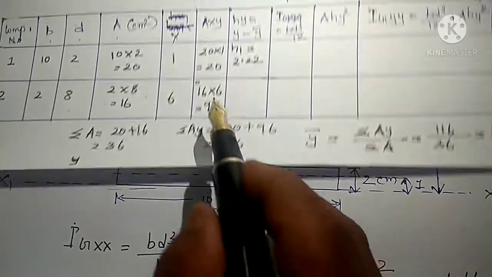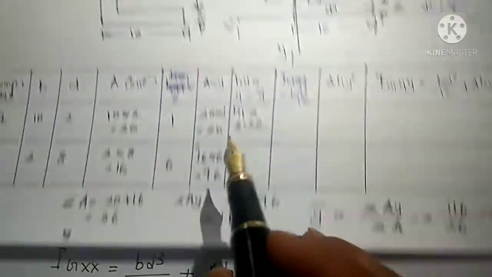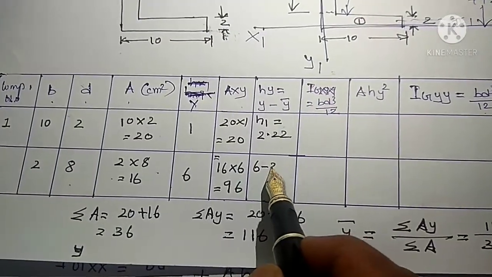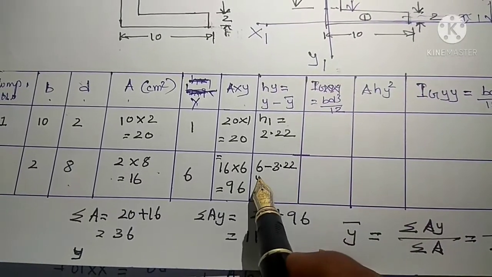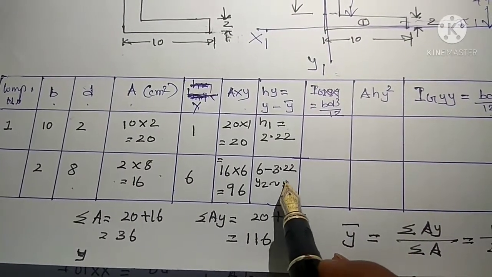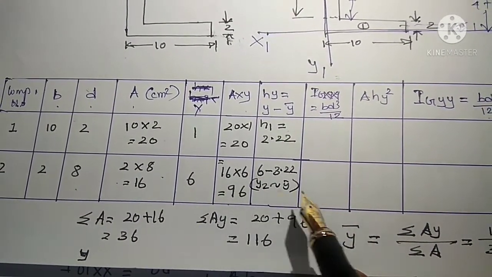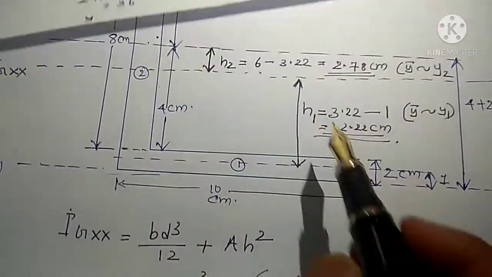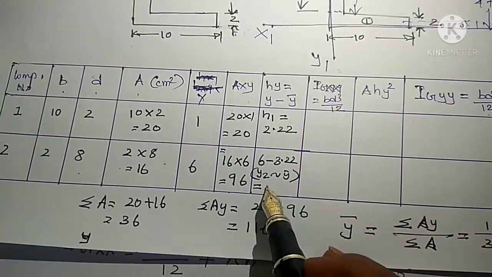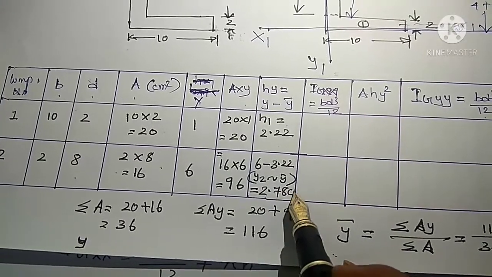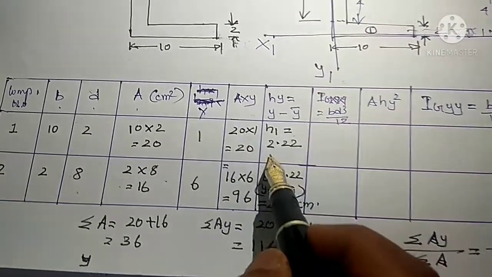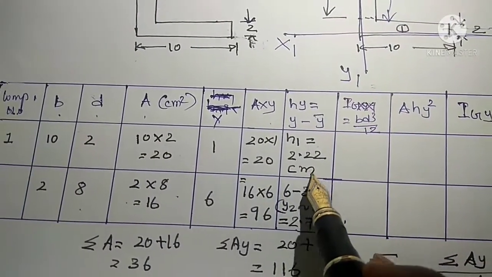For the second one, which is 6 minus 3.22, that means y2 minus y bar, and that value is equal to 2.78 centimeter. Here it is 2.22 centimeter.